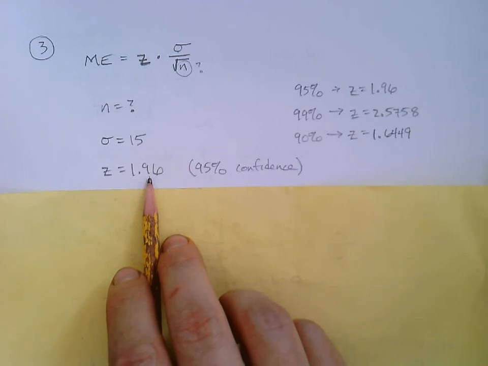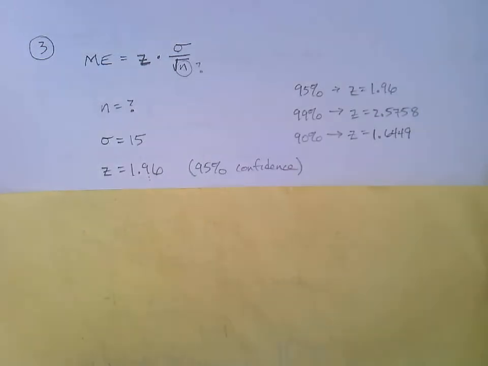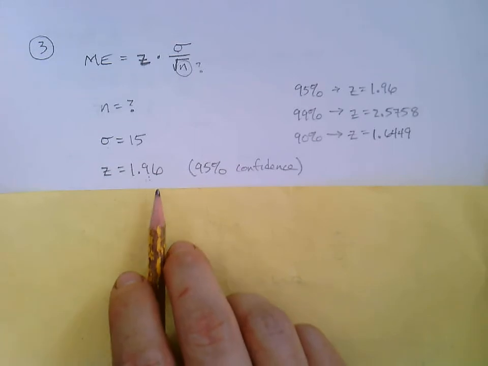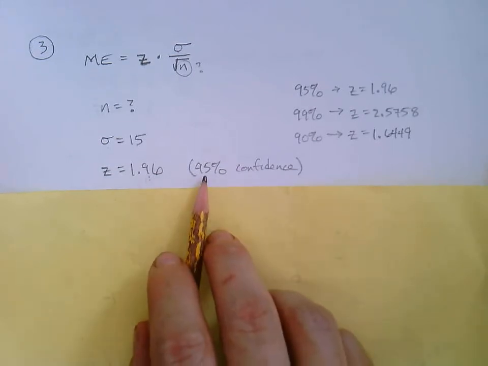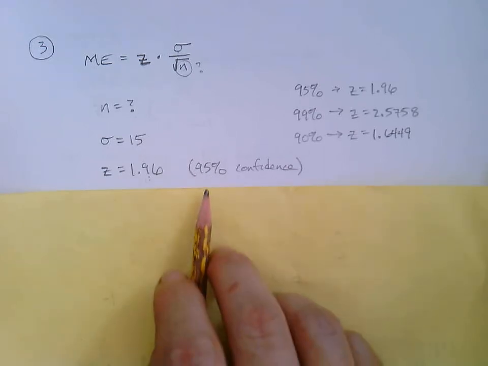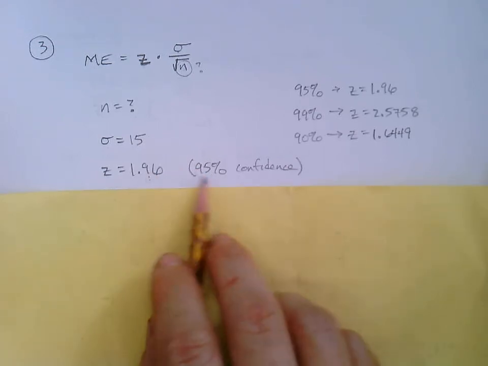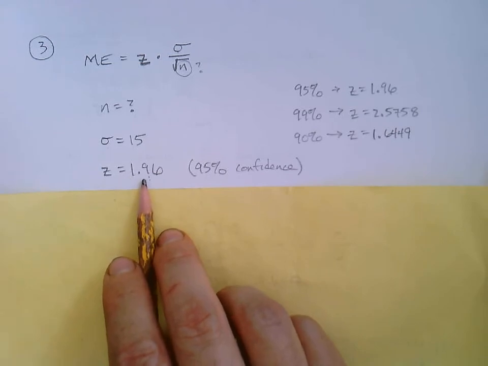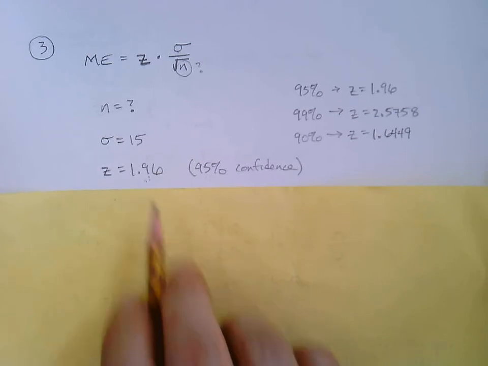It's never going to change, which is something really nice about the normal distribution. If you forget these, or if you don't want to remember them, you can always use the normal calculator in StatCrunch backwards, right? Put in 0.95 and hit compute, and it will tell you negative 1.96 and positive 1.96. But it's always going to be that. It's not going to change.